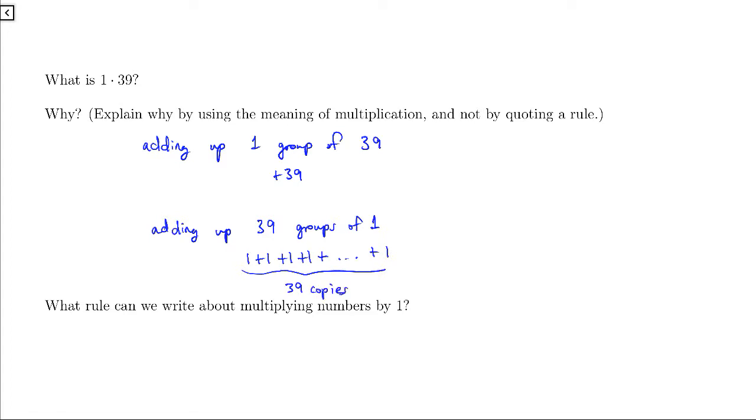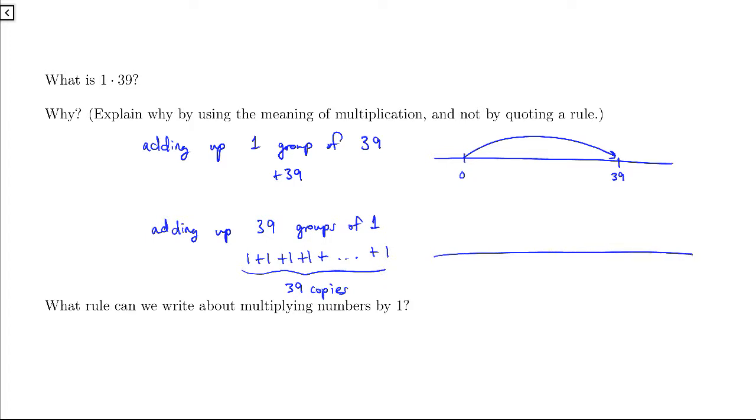In terms of the pictures, there's one group of 39, or you can go 39 groups of 1: 1, 2, 3, 4, 5, 6, and so on.